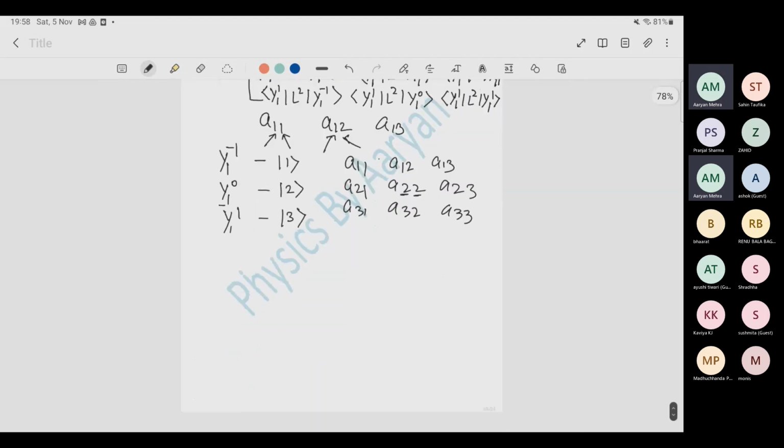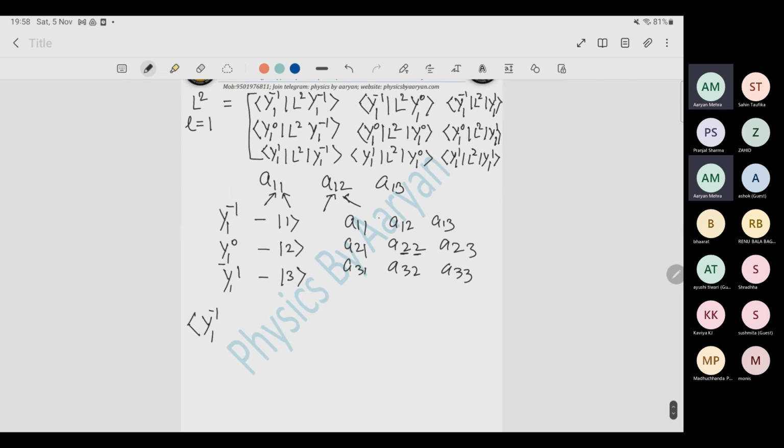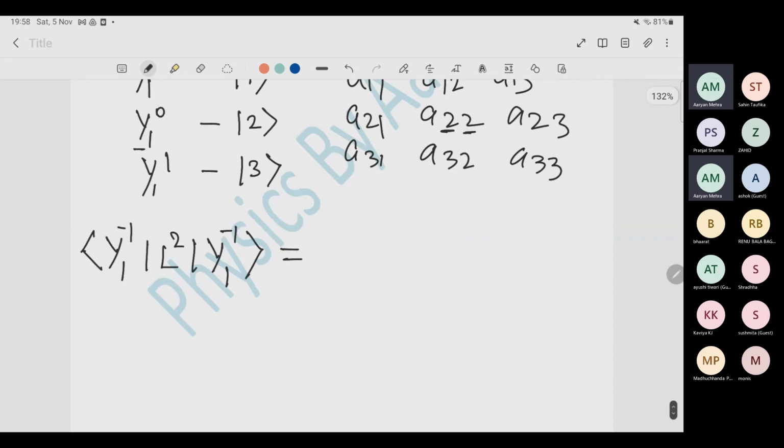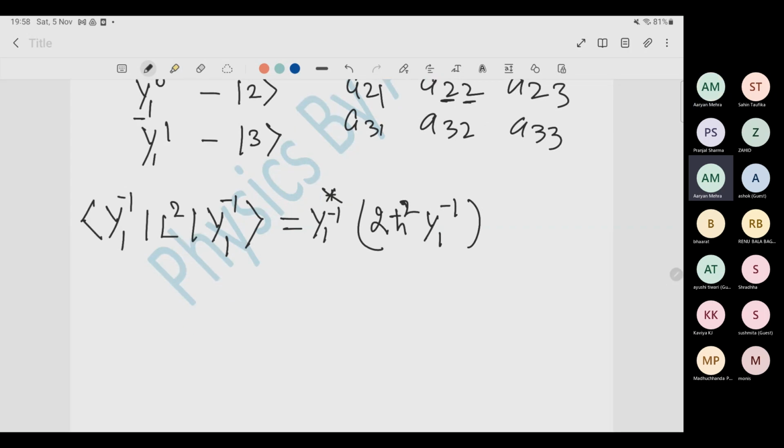So how do you find the first term? The first term is <1,-1| L square |1,-1>. Can I write it like that? <1,-1|* and L square |1,-1> will be 2 h cut square |1,-1>. Who understood how 2 h cut square came? From the formula, simple.